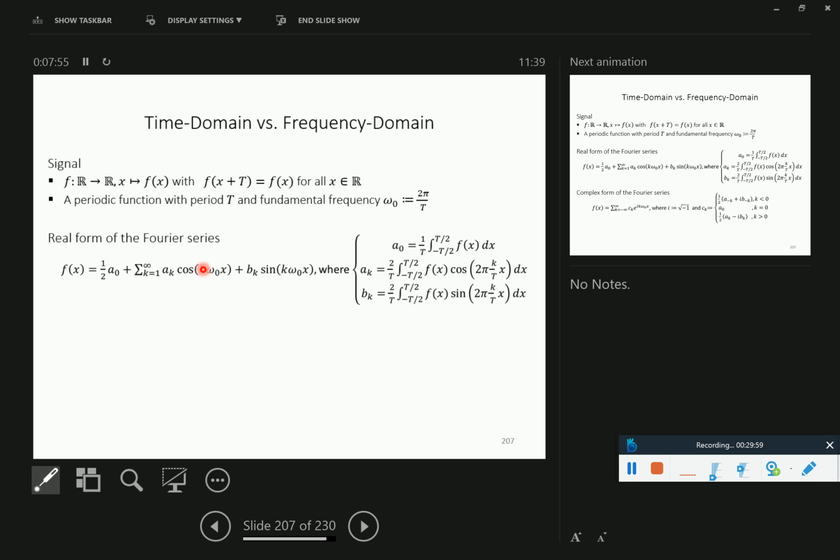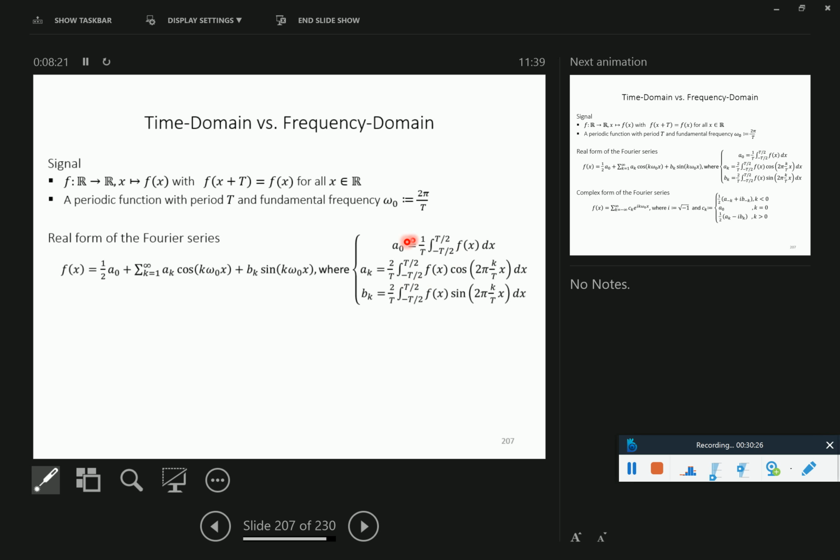Yeah? So you have cosines and sines of different frequencies. These frequencies are these k's, and you change the k, so you have different frequencies multiplied by this omega 0. You change the frequencies, you have low and high frequency content, you have the amplitudes. The amplitudes you can compute based on your function by integrating these things.